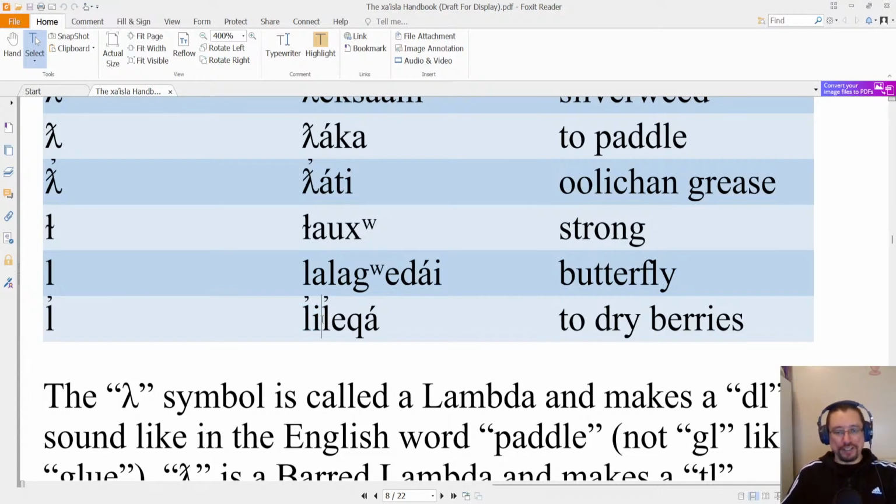So you should hear a pause before the second glottalized L. That's why I try to choose words that have a glottalized consonant in the middle at the same time as being in front. So I usually see two instances. That was something that I was consciously doing when I was choosing example words. And li'laka means to dry berries.